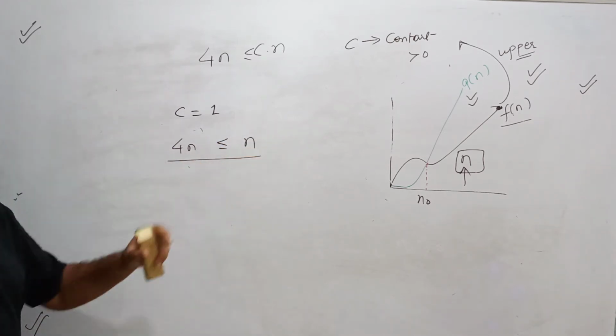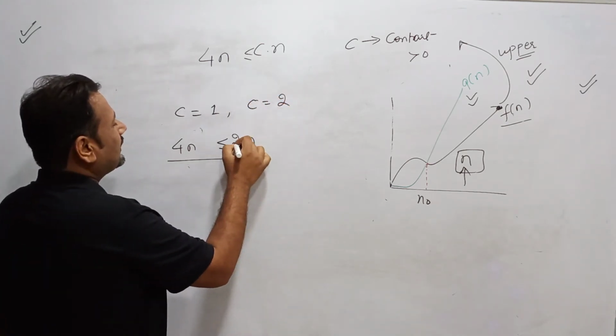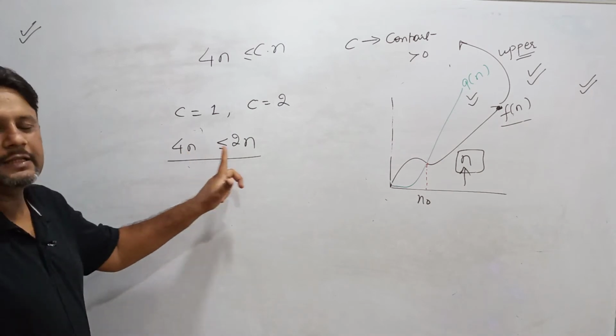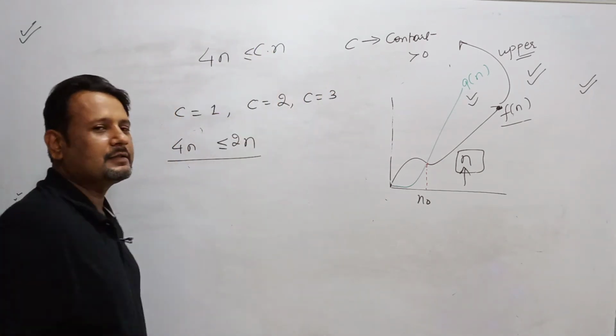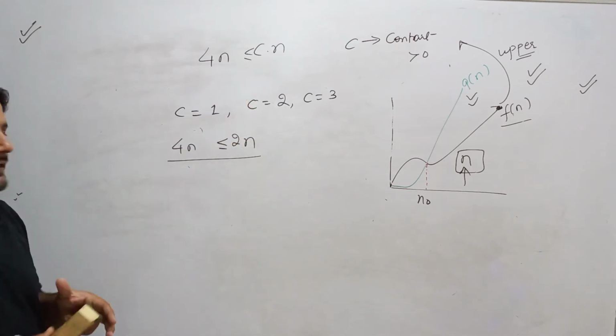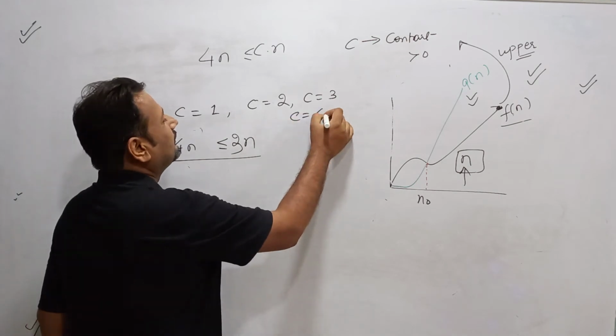For any value of n, this is not true. If I take c equal to 2, here I will have 2n. Is 4n less than 2n? No. So I will not take this value. Let me take c equal to 3. If I take c equal to 3, can I prove this? No. So let me take another value, 4.